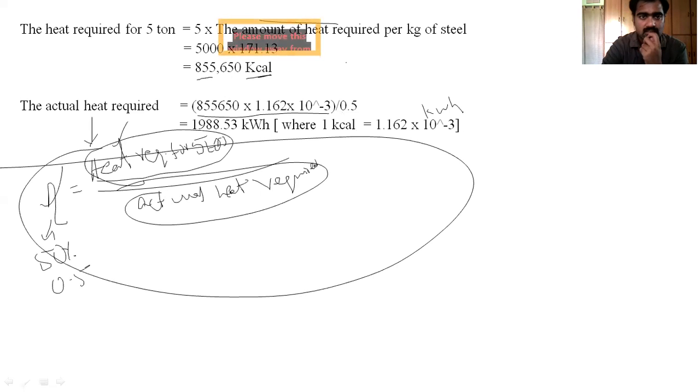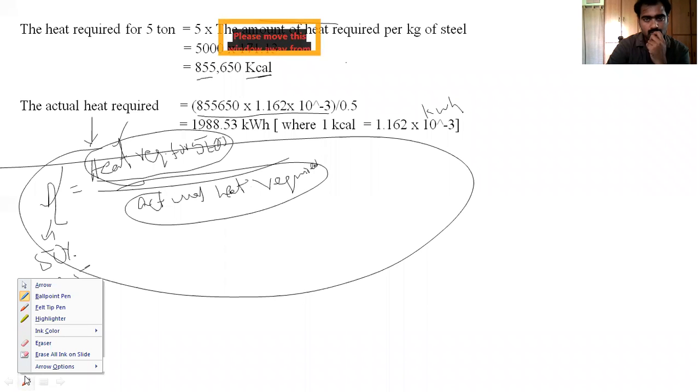I just dropped the values directly into this formula, so I am giving you the formula to show how we have taken these ratio values. Please note down this formula. Efficiency is equal to the heat required for 5 tons to the actual heat required. We don't know the actual heat required, so we are going to calculate it here itself.